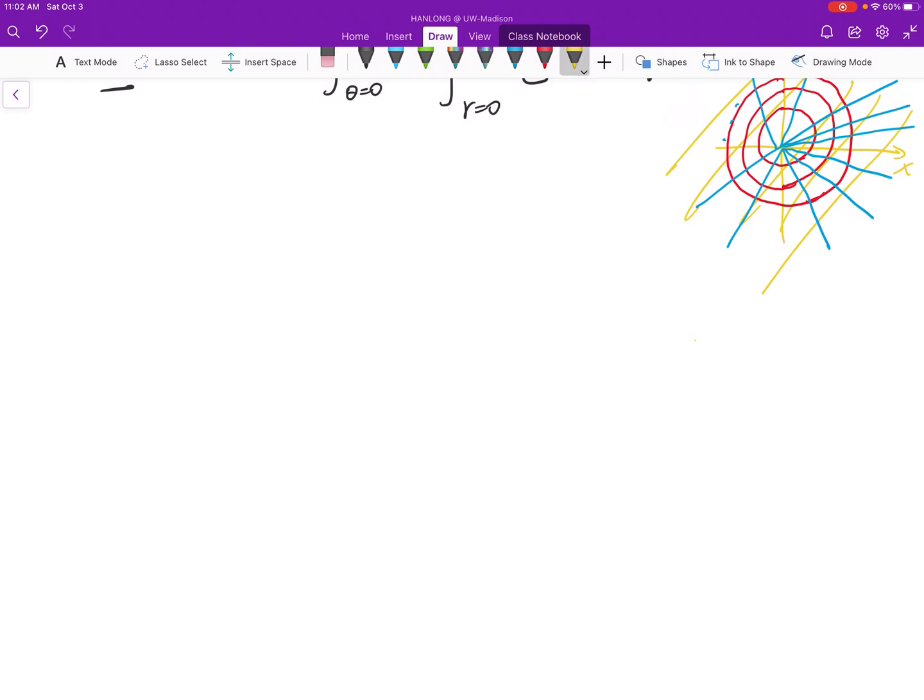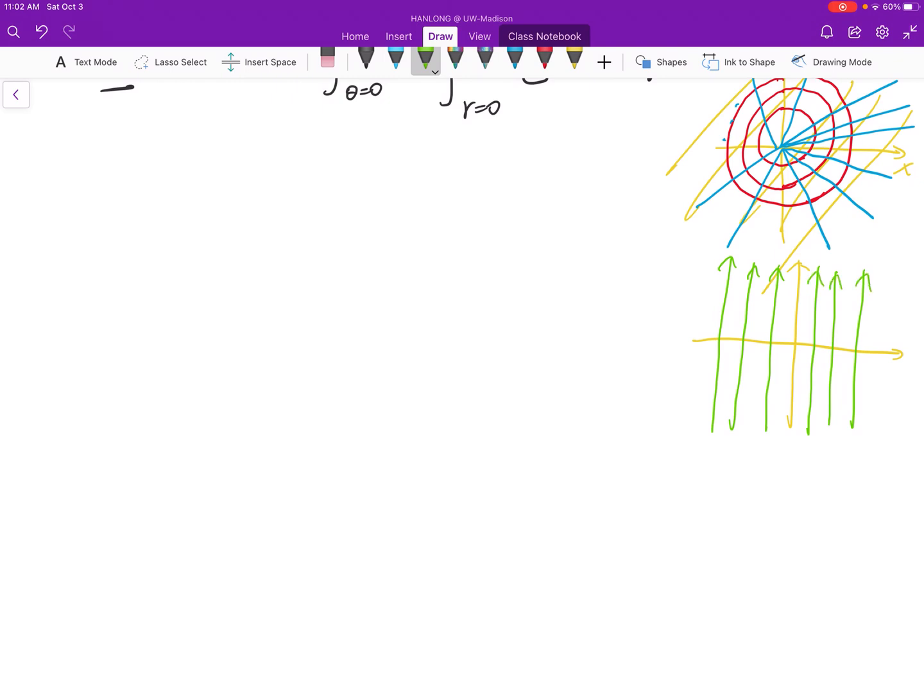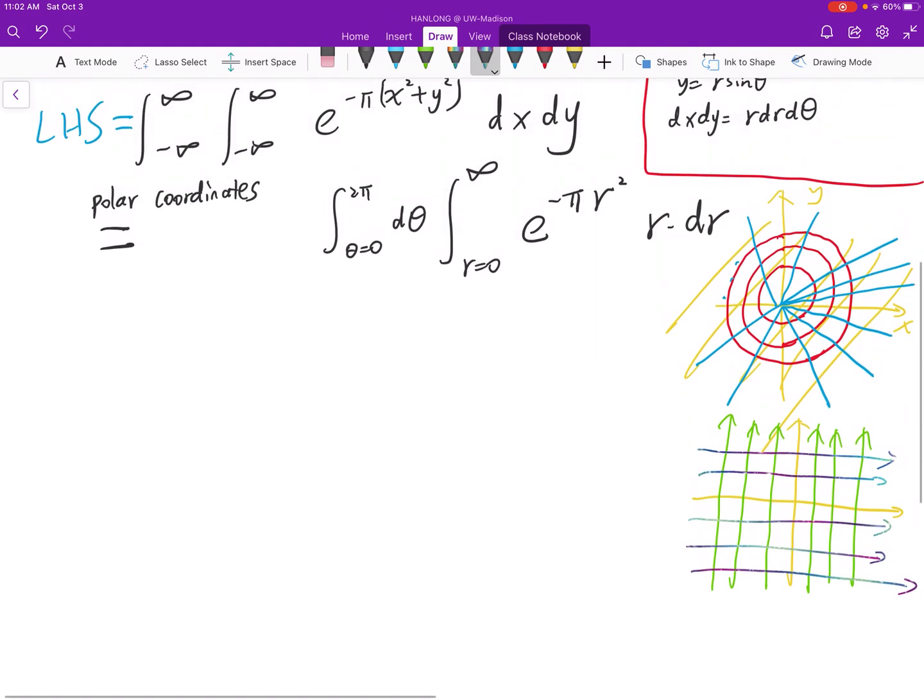In the original xy coordinate system, x equals constant gives you the vertical grid lines, and y equals constant gives you the horizontal grid lines. So that's the transformation to polar coordinates.